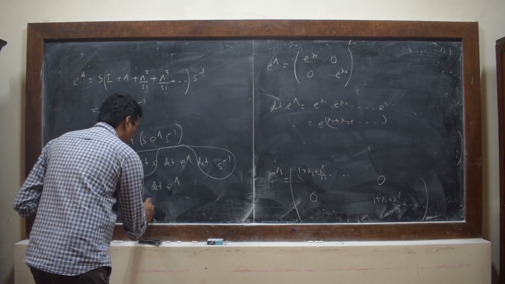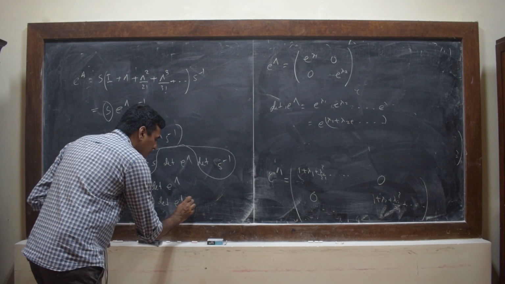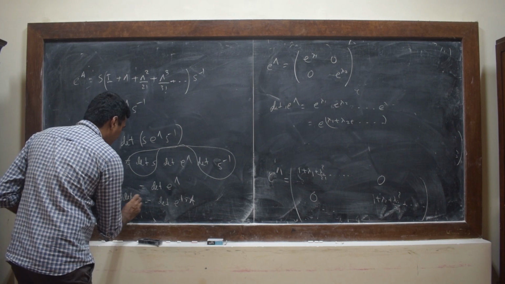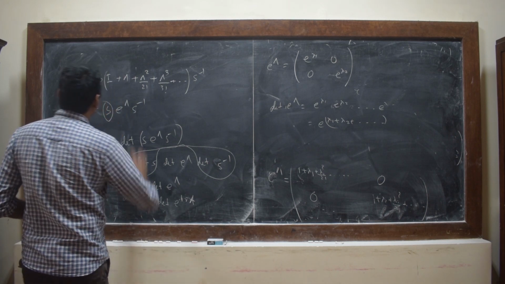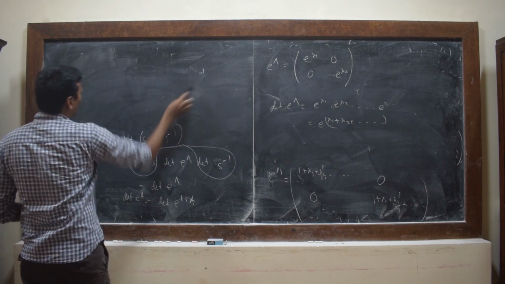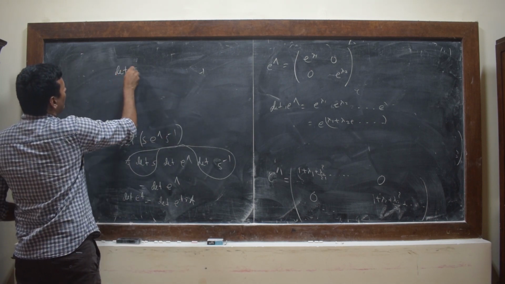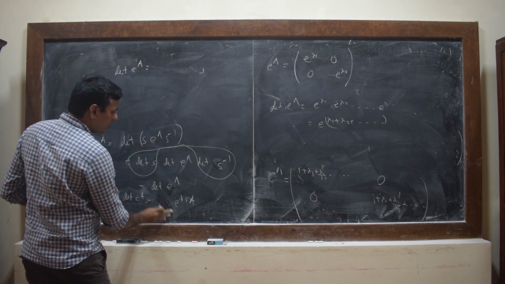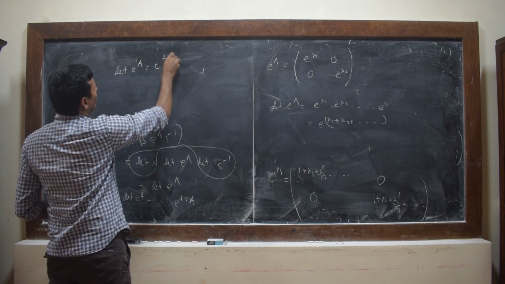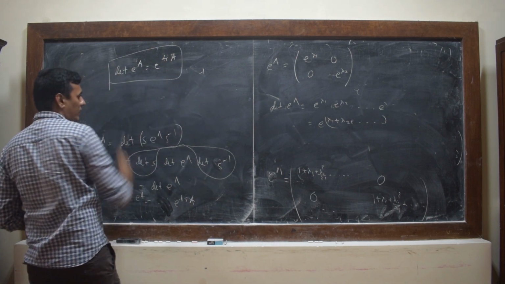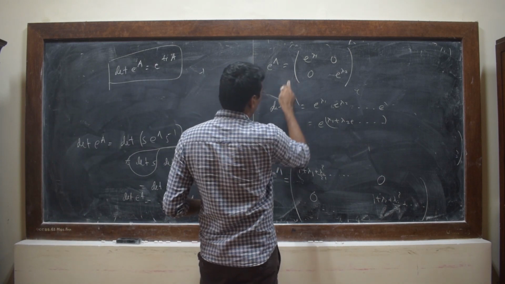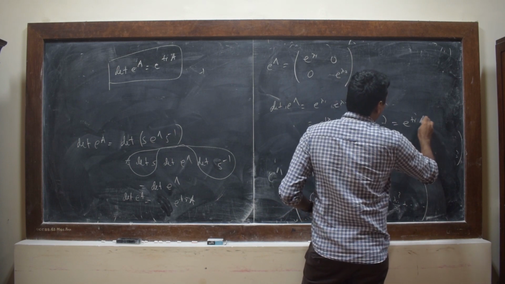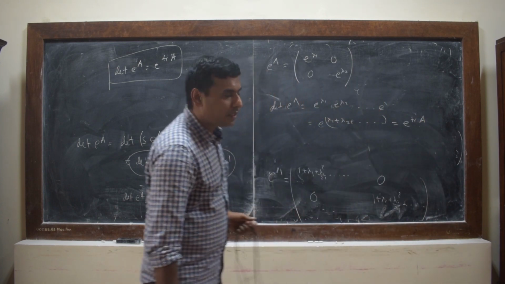So the determinant of the exponential of A is equal to the exponential of the trace of A, because the sum of the eigenvalues is equal to the trace of the matrix.